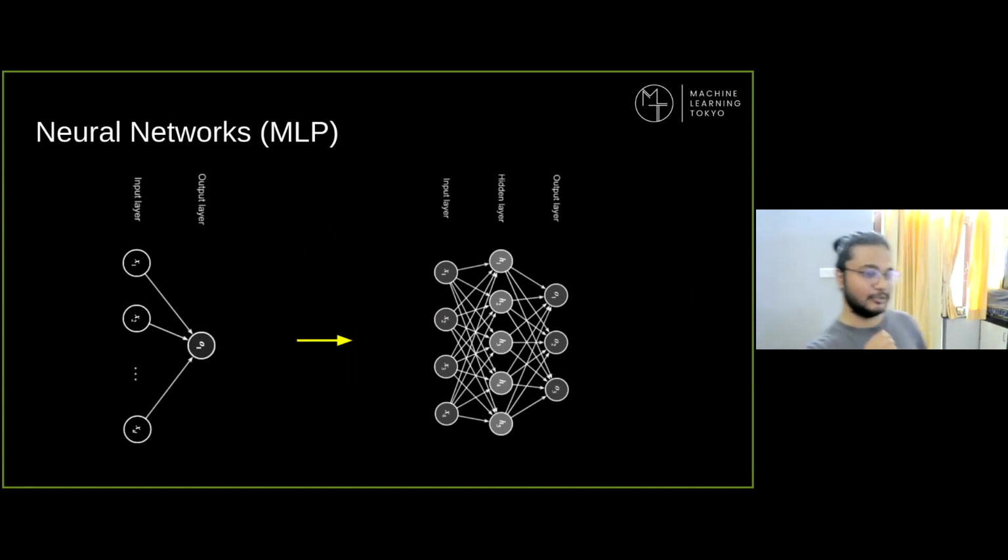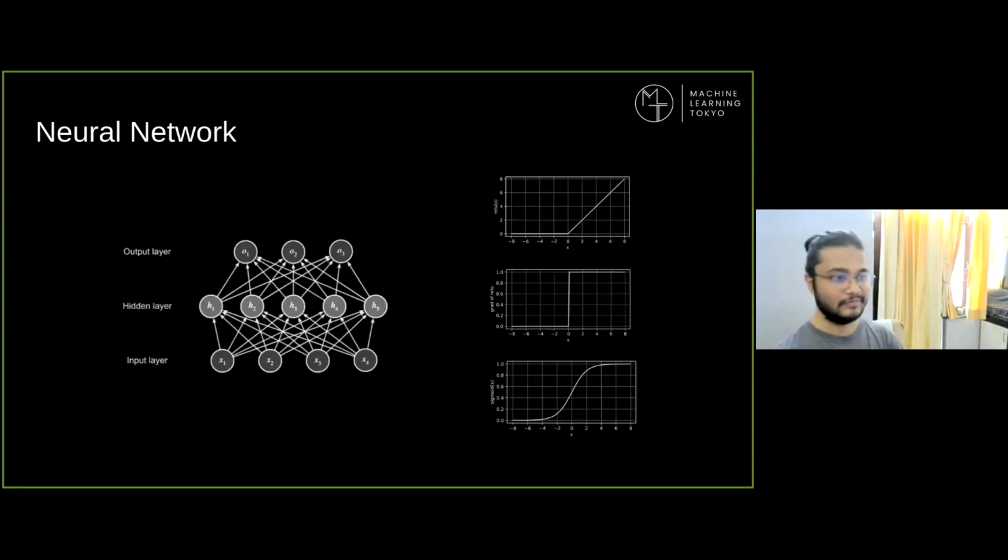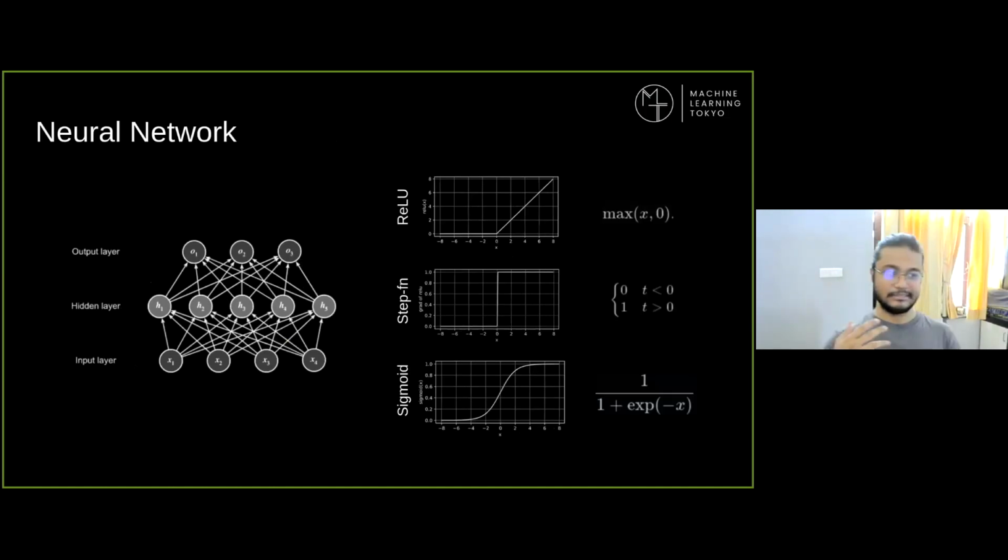But yeah, so what we do is add multiple hidden layers, and most importantly, we have to use non-linear activation functions. One of the most famous ones is ReLU, but historically people have also used sigmoid, tanh, and step functions, right?